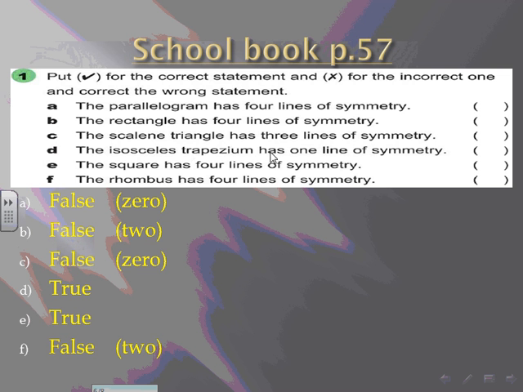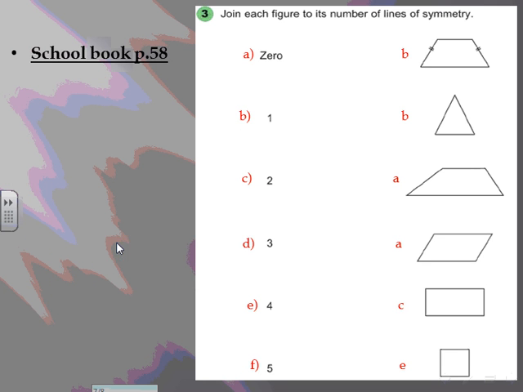The isosceles trapezium has 1 line of symmetry. It's true. The square has 4 lines of symmetry. It's true. And the rhombus has 4 lines of symmetry. It's false. Why? Because we said that the rhombus has 2 lines of symmetry.